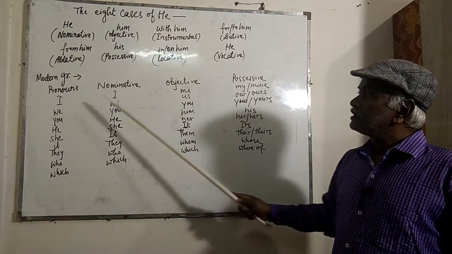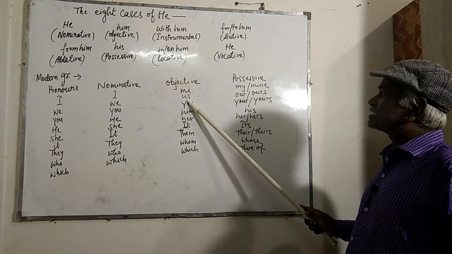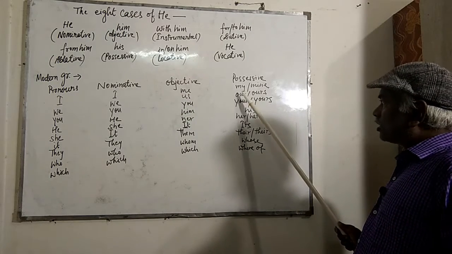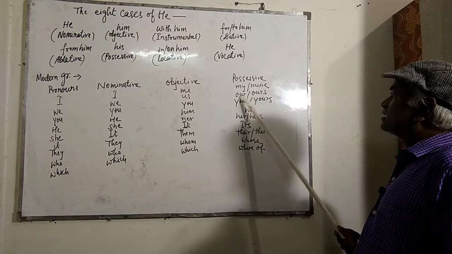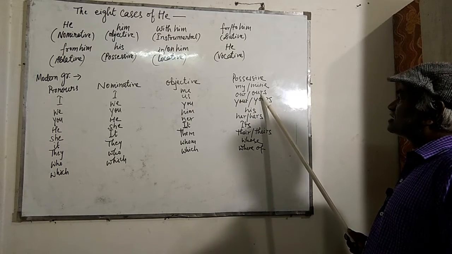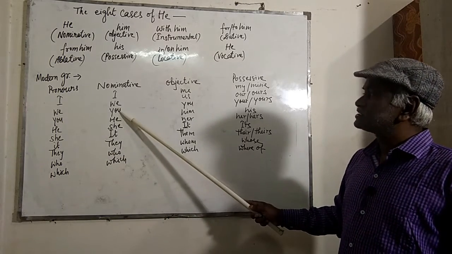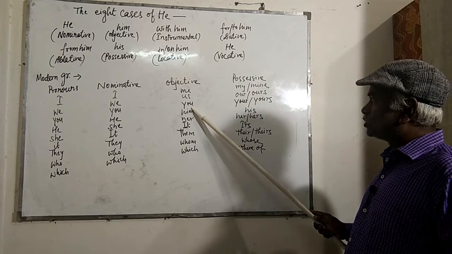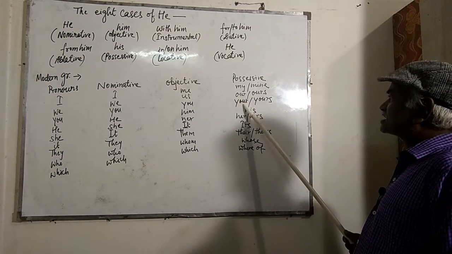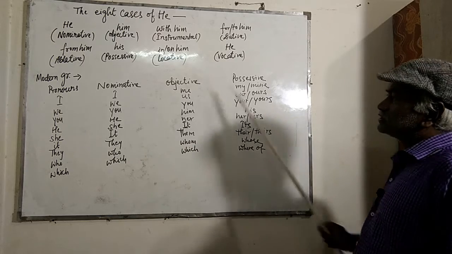Similarly, we: nominative case is we, objective is us, possessive adjective is our, and possessive pronoun is ours. You: nominative is you, objective is you, possessive adjective is your, and possessive pronoun is yours.